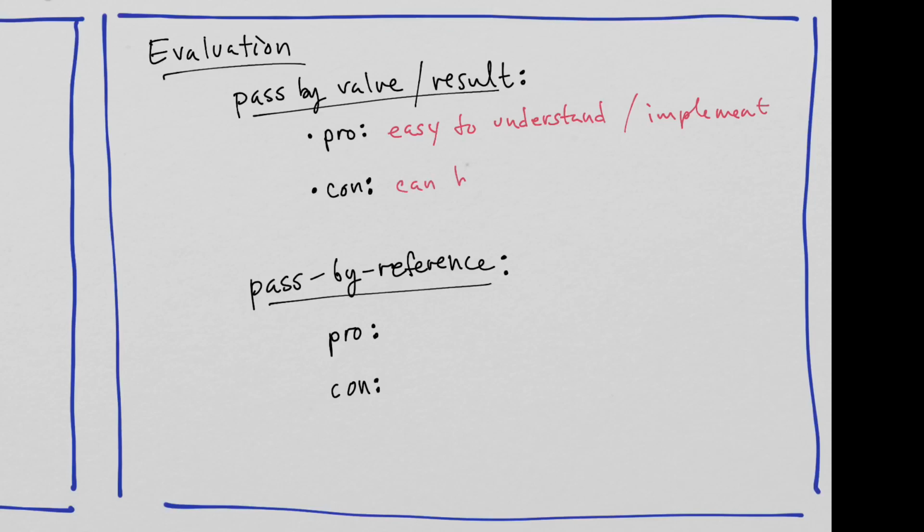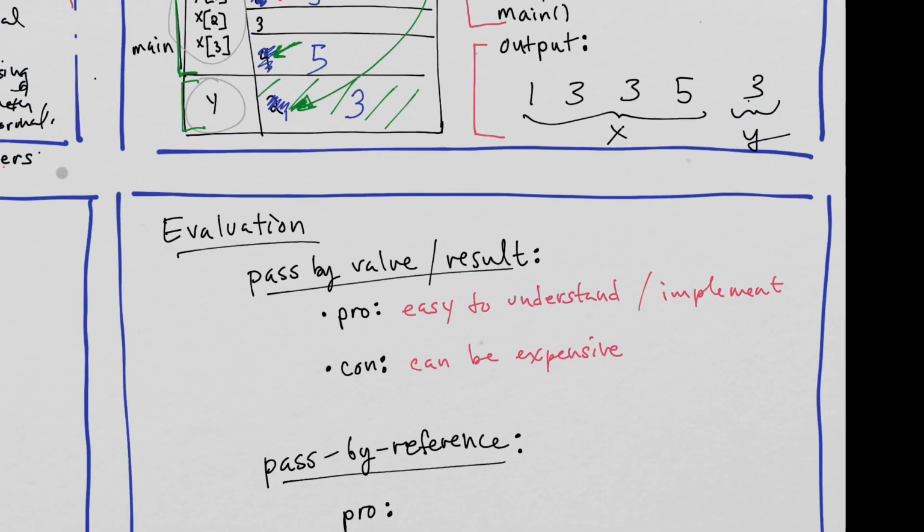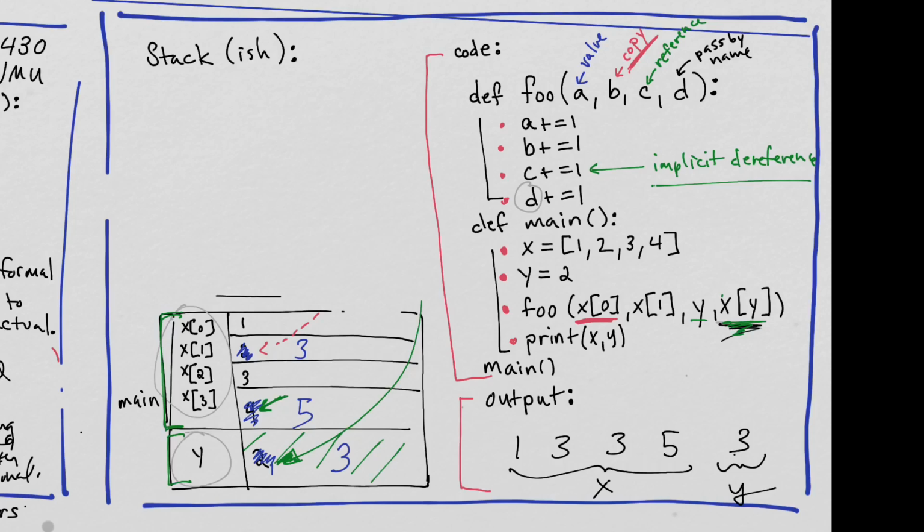And the reason for this, if we go back up here, so notice in this mythical language that I've made up for this example, the array is stored directly in the stack. And I was passing elements of the array.